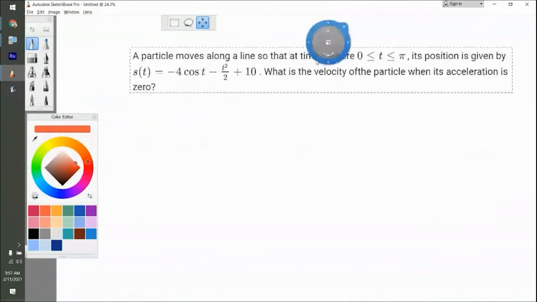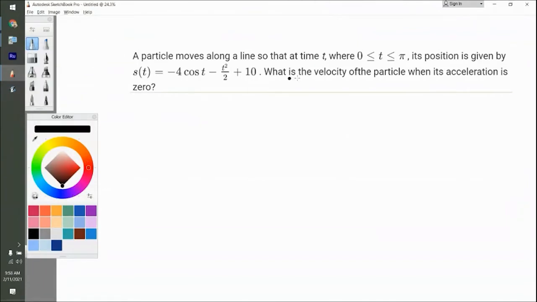Try to do this with physics, and then try to do it with calc. We are looking for the velocity of the particle when its acceleration is equal to 0. That's what that's asking for. So the first thing you need to do is figure out when the acceleration is equal to 0.